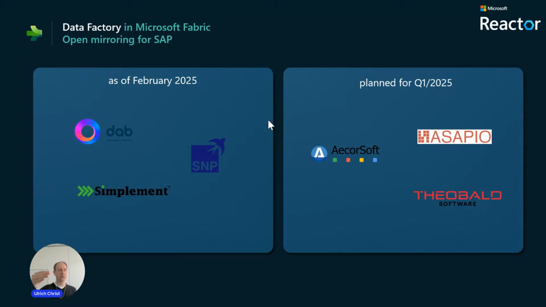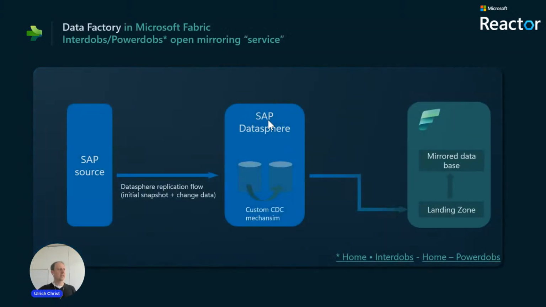So open mirroring is currently in the preview phase. So whenever a customer wants to onboard via a partner, we are happy to support that as well. We are in close contact with the partners, and whenever a customer needs help or involvement from our side, happy to jump in, look into issues, also get feedback to improve the experience and also improve the capabilities and the functionality itself. So that's the story here.